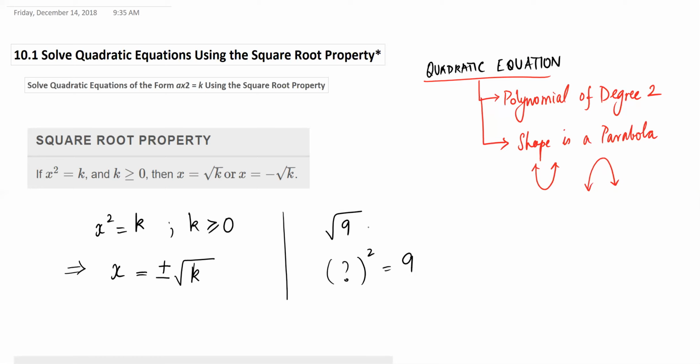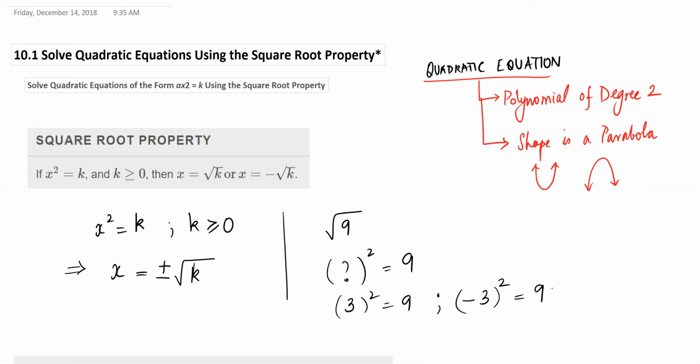Well, we could use the calculator, but if you were reasoning it out, you're asking yourselves, what squared is 9? And the first thing that comes to our mind is 3, right? Because we say, oh yes, 3 squared is 9. But if you scan it closely, you will also find that negative 3 will work, because negative 3 when squared also gives you a 9. I discussed this briefly in chapter 9. That's the whole idea here.